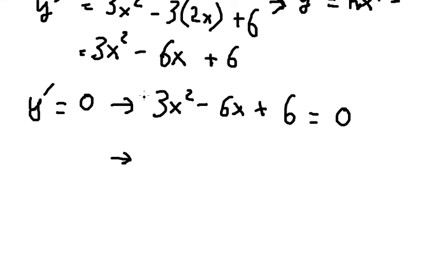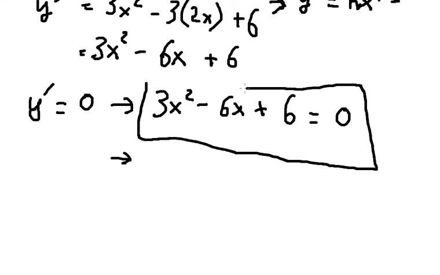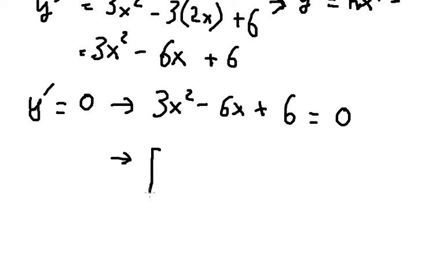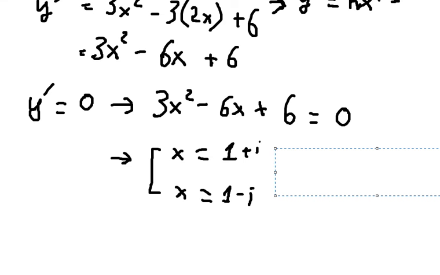So we find the solution of this equation. We have s equals 1 plus i and 1 minus i. We see that they are complex numbers, so they are not real roots.